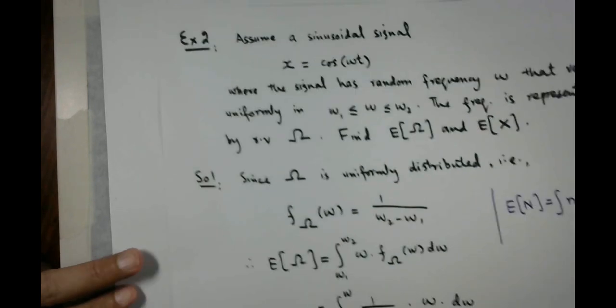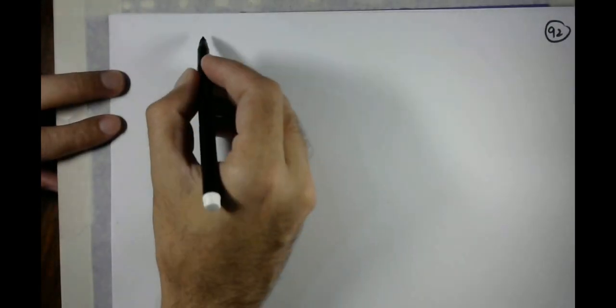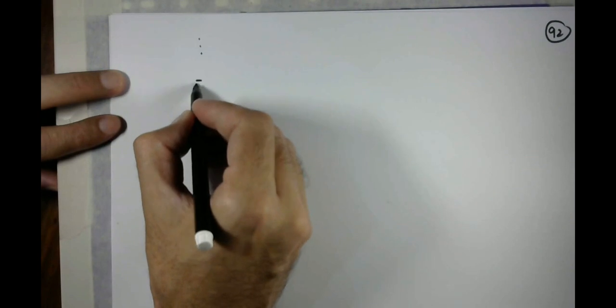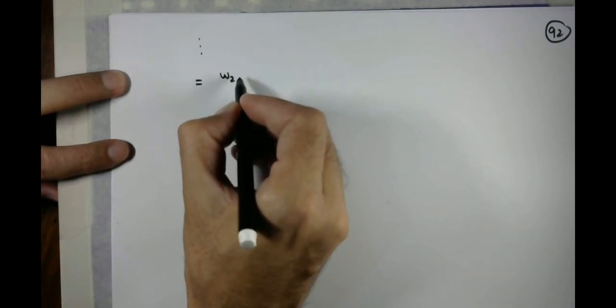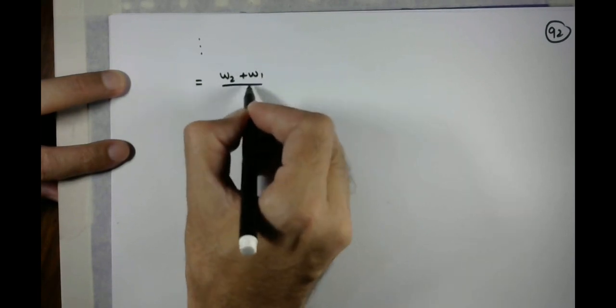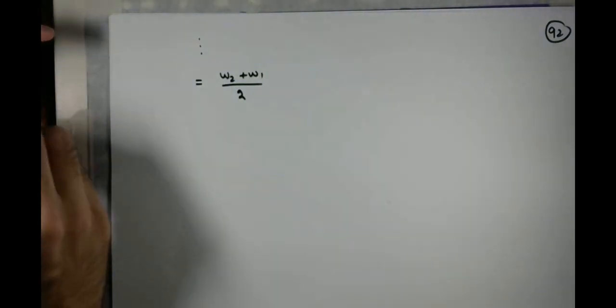So now you simply do the integrations. If you do the integrations, you will obtain something like this. You keep on doing the integration, you should ultimately reach omega 2 plus omega 1 all divided by 2.